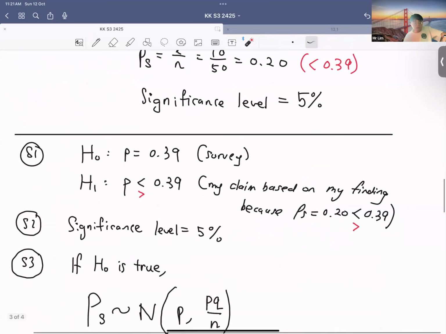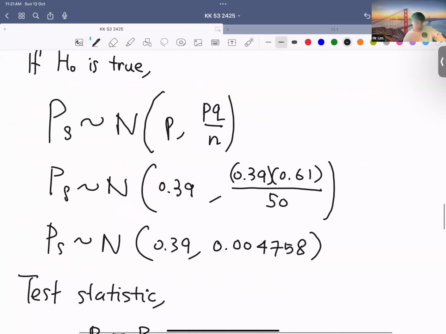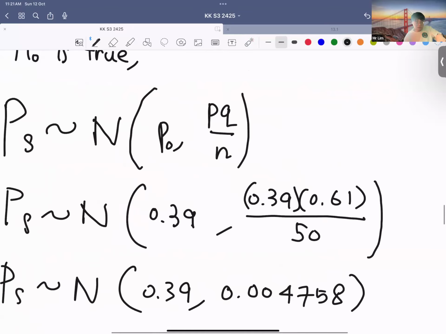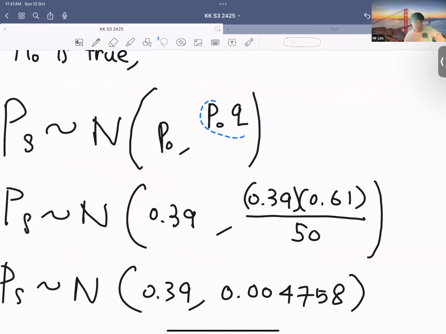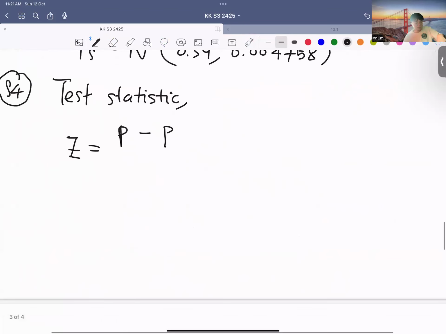Where here still remains as P, no problem, because this is in my test. What I just put is a statement only, so you do not need to care so much about this one. By right, the formula here I will change to P naught and Q naught. If you're referring to my notes, I'm putting P naught and Q naught. You shouldn't put PP, it's so confusing.